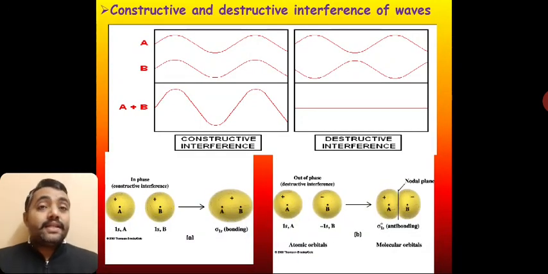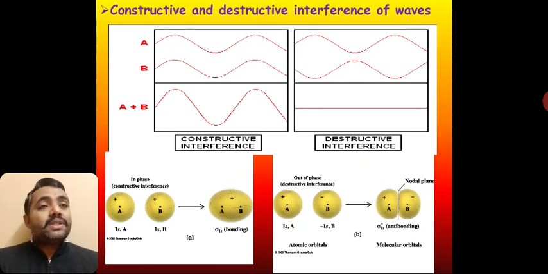This next slide is very important for our understanding of sigma bonding and sigma star anti-bonding as constructive and destructive interference of waves. Take isolated atoms A and B. In constructive interference, they are in the same phase. Atom A is isolated, no doubt, and atom B is isolated, but they are in the same phase.